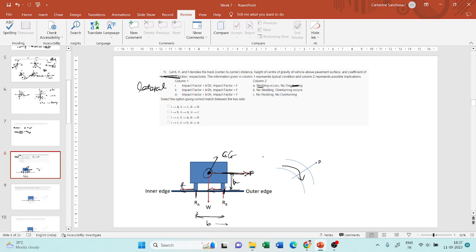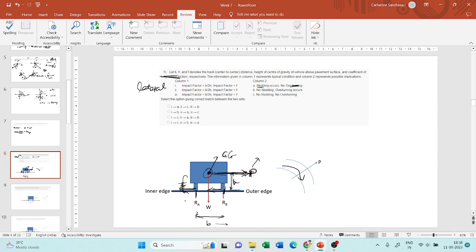Why will this skidding occur? We saw that if the vehicle is pulled in the horizontal direction outwards, this is the centrifugal force. When it is pulled outwards, your friction is going to resist it. Friction between the tire and the pavement is going to resist this action.